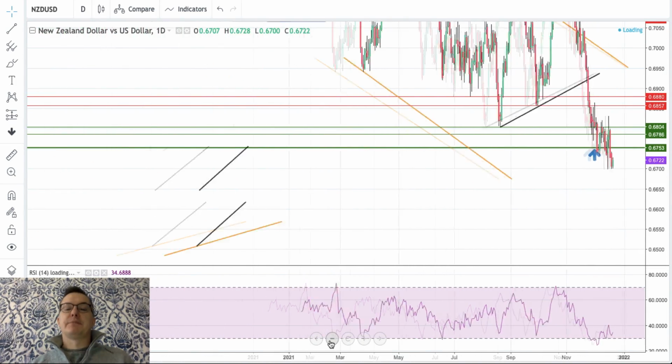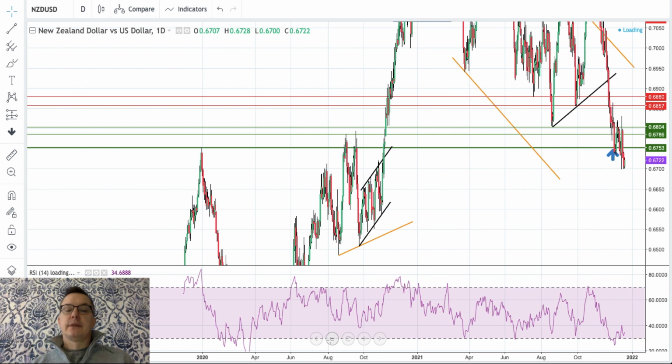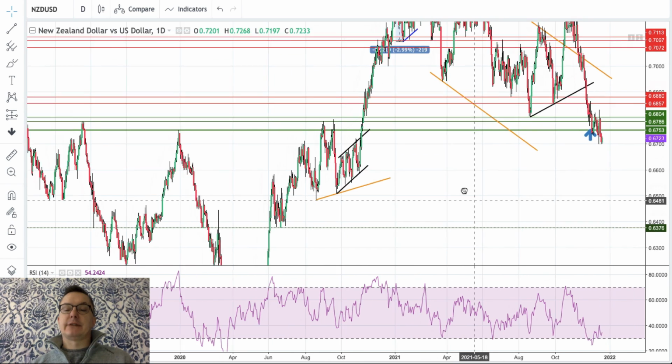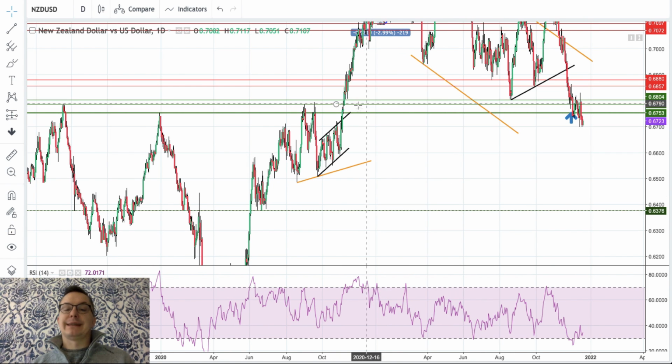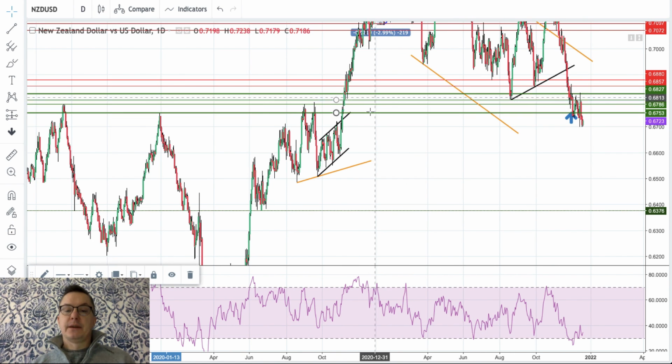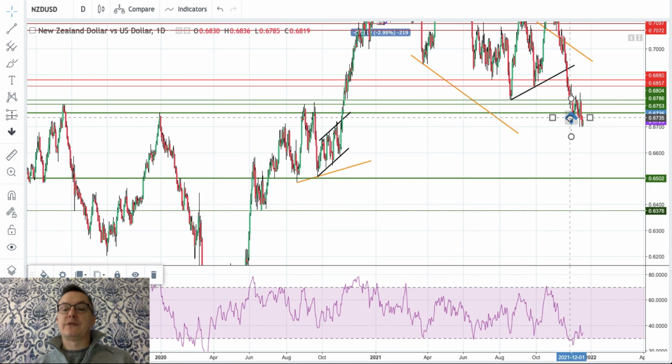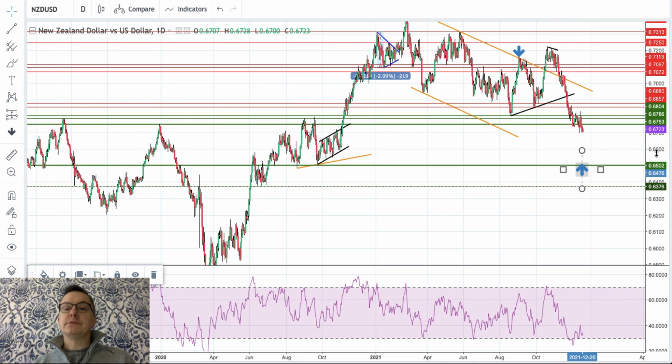Apparently, I need to first put it on the screen. And the next technical support is way below the 6,753, because the next technical support, as you can see, the really important one is around this level. This level here is 6,500 pips. So we need 250 pips more. This is the next target for bears.